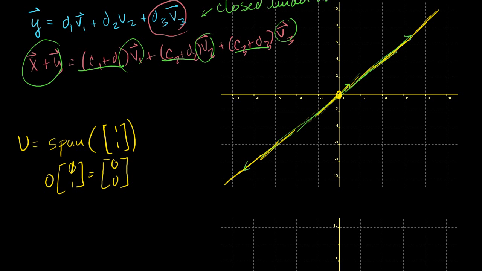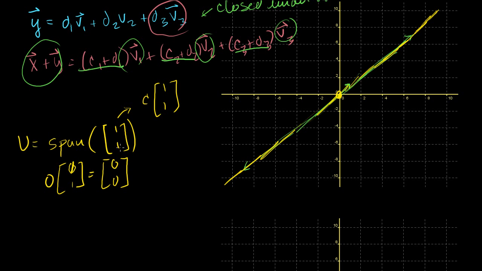Is it closed under multiplication? Well, the span is the set of all of the vectors, where if you take all of the real numbers for C and you multiply it times 1, 1, that is the span. So clearly, you multiply this times anything, it's going to equal another thing that's definitely in your span. Now the last thing, is it closed under addition?